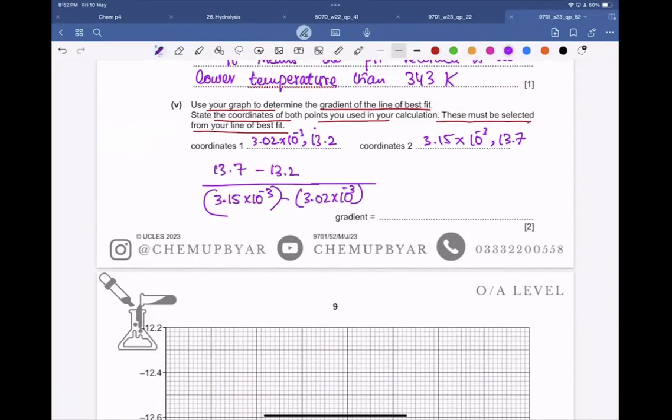I just ignore the minus, that's not an issue, okay? Can anyone calculate the value and tell me the answer, please? Only the minus gradient is showing.